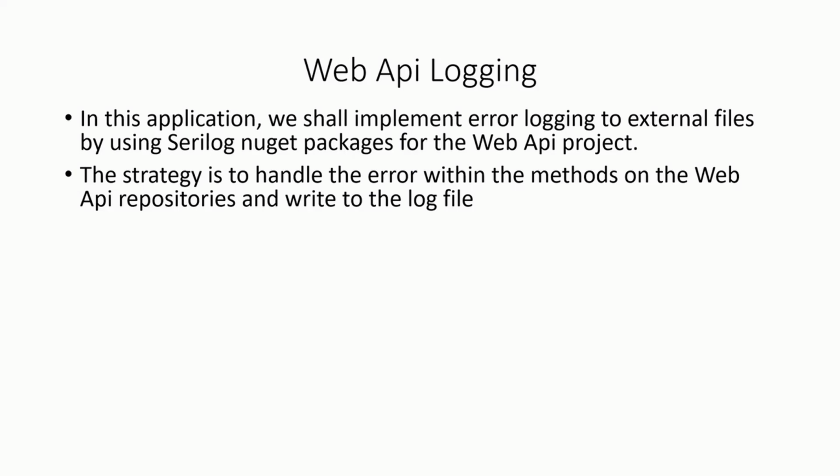The strategy is to handle the error within the methods on the Web API repositories and write to the log file. So I'll be soon embarking upon creating the repository. But before that, it will be good that I tell you the integration of Serilog for logging, and there are certain advantages of Serilog, and I will put in the resources.